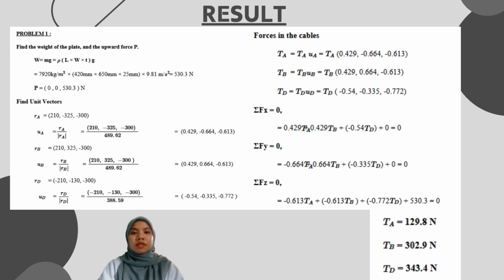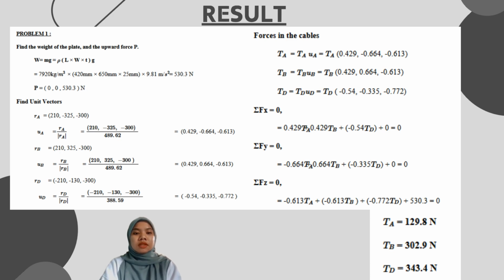With this assumption in place, we calculated the weight of the steel plate using the formula W equals rho times volume times gravity. After computing, the weight was found to be 530.3 newtons, acting downward as a point load at the plate's center of gravity. To determine the tension forces in the cables, we first identified unit vectors representing the cables' directions and applied equilibrium equations to resolve the forces along the x, y, and z axes.